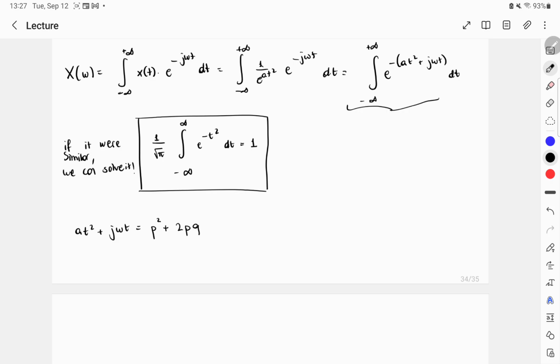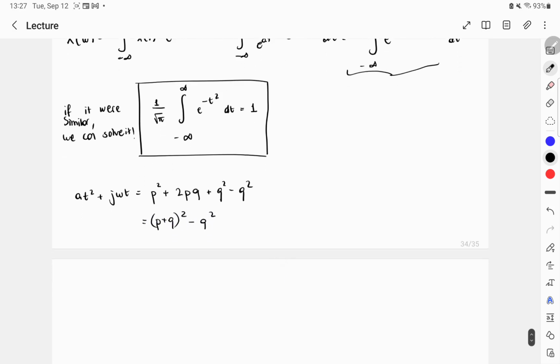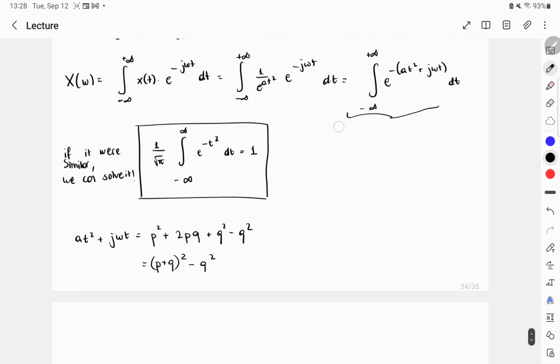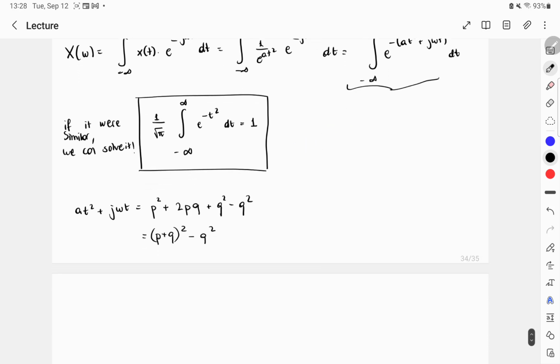And if we add q squared and then subtract q squared, it changes nothing. So we can do this. And this equals p plus q squared minus q squared. Now this equality will help us to make these two similar. All right. Now let me show you how.